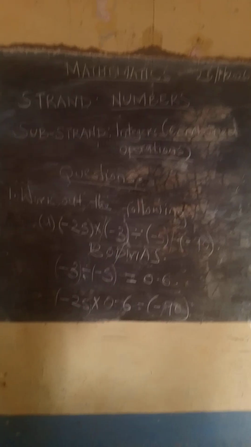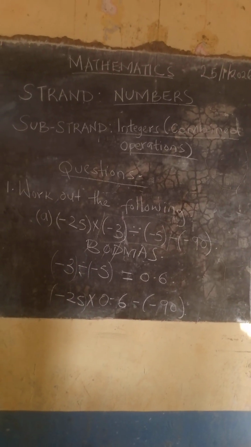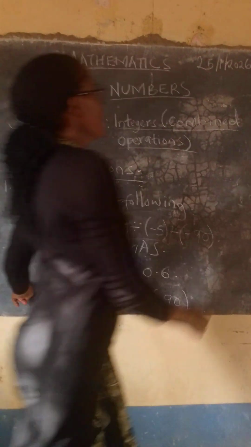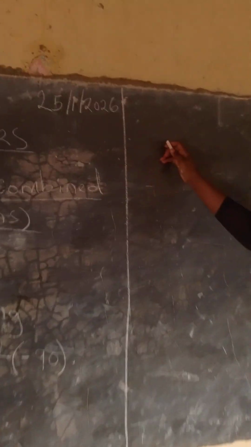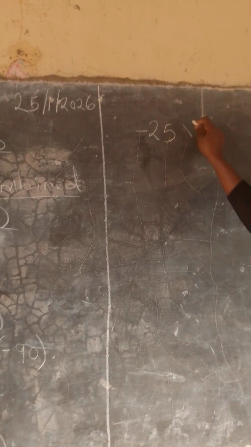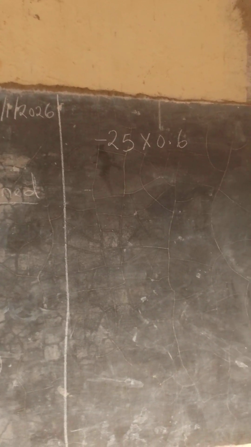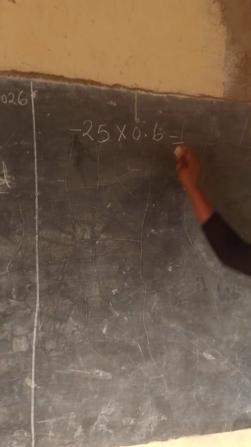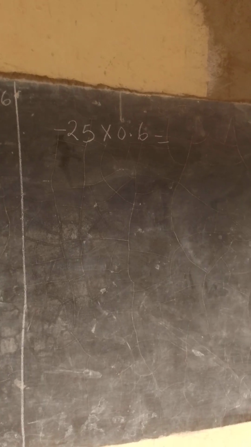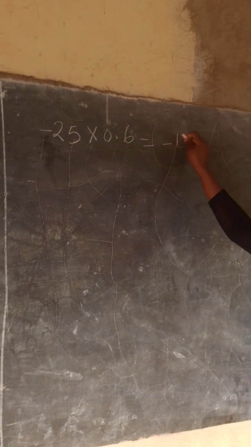From there we move to which operation? Yes, Mutanu? Multiplication. Therefore, we can multiply negative 25 times 0.6. And that is supposed to give us negative 15.